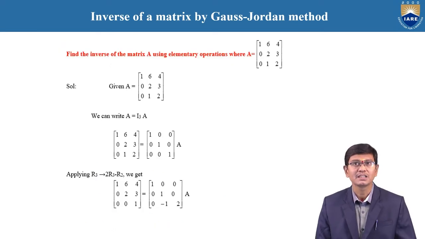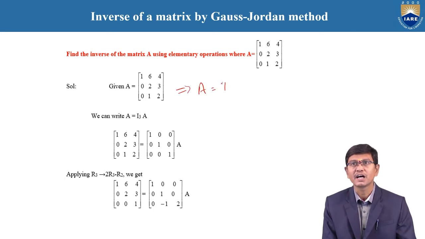Now we are going to discuss the second method to find the inverse of a matrix by using the Gauss-Jordan method. Here, the given matrix is 1 6 4, 0 2 3, 0 1 2. According to this method, we consider A is equal to I3 into A, because the procedure is nothing but A is equal to In into A. Here A is a 3 by 3 matrix, and correspondingly n is equal to 3, and A we write as it is.